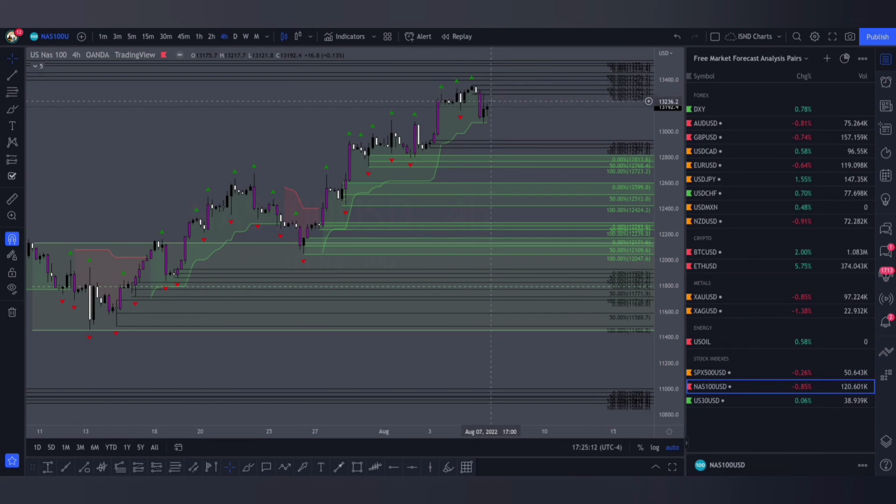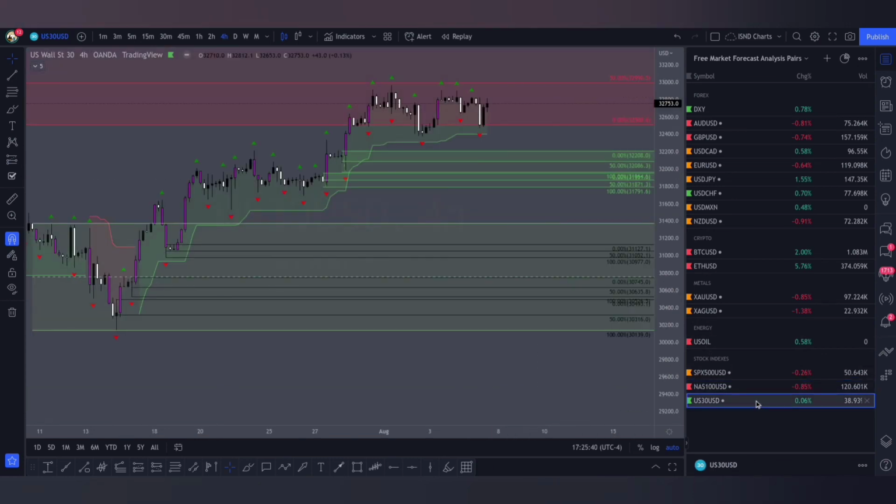So we're probably going to have to wait for this unmitigated demand to be taken out or respected to see exactly how we can trade this, or we can drop down to a lower time frame, maybe like the 1 hour, look for an unmitigated supply, if any, to take this to the downside to trade along the short-term currency bias.